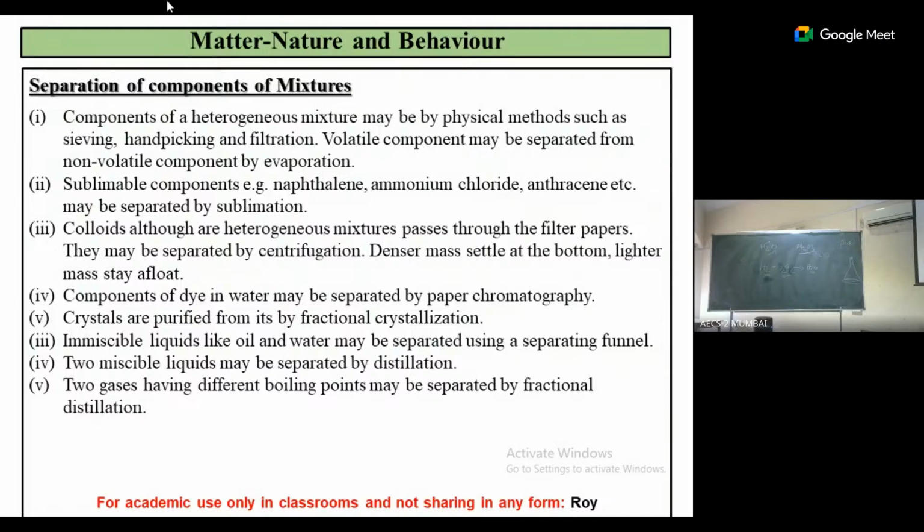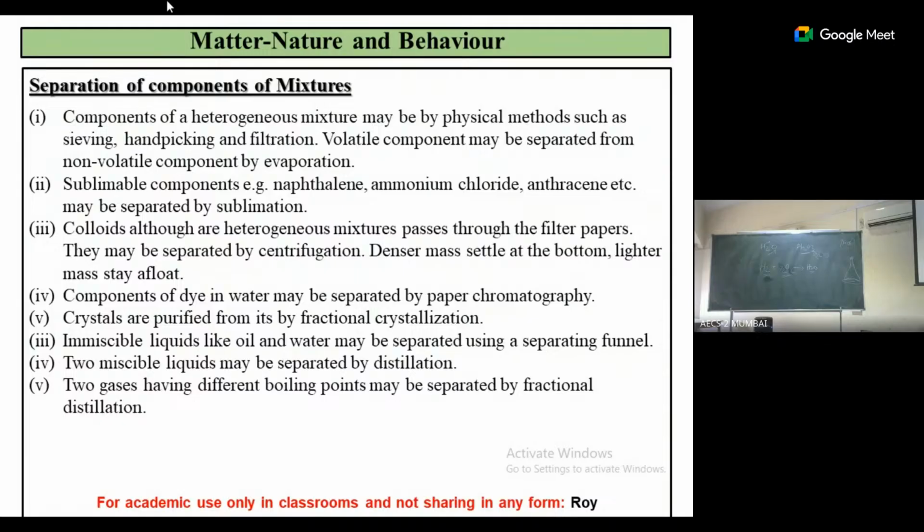That makes it go and settle. Otherwise, there is no way of explaining it. It's not as simple as it looks. So heavier mass settles at the bottom, lighter mass stays higher.